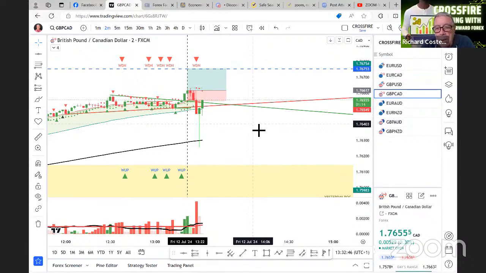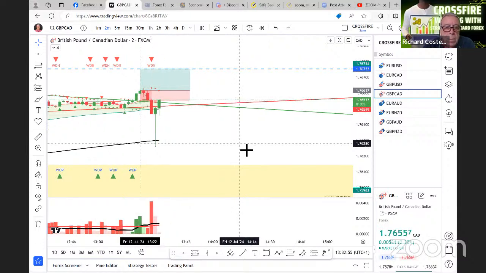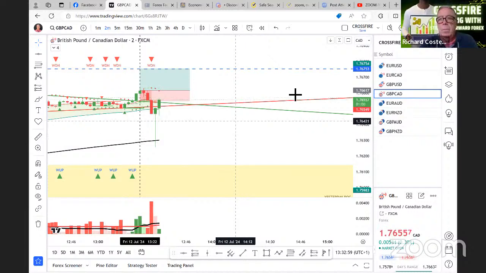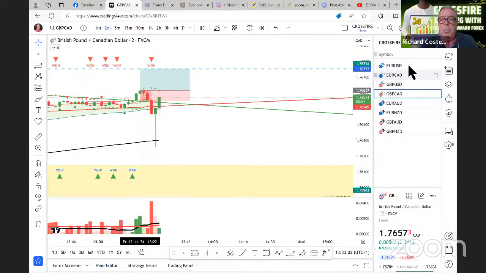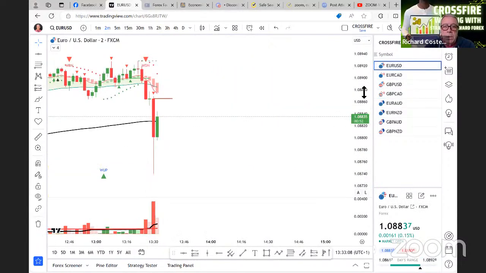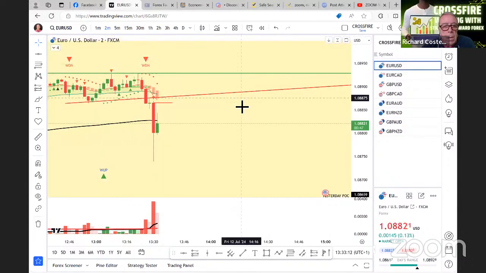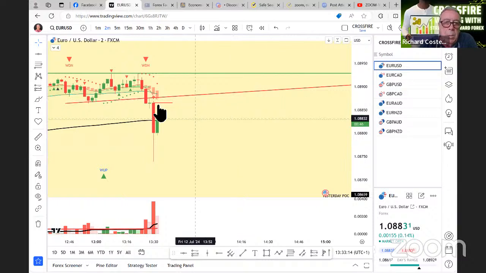So 2 minutes have elapsed since the news, almost 3 minutes. We just need to wait. I'm going to go back through the pairs. Okay, so Euro US, being down, taking out stop losses.